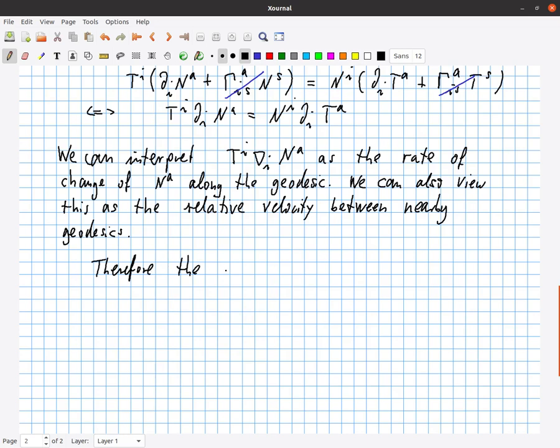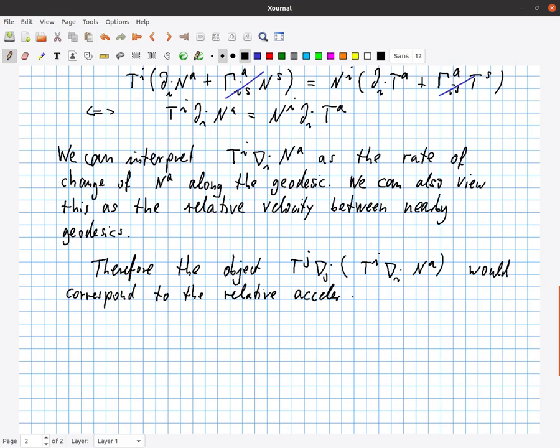Therefore, the object T^j ∇_j acting on T^i ∇_i n^a would correspond to the relative acceleration between nearby geodesics.